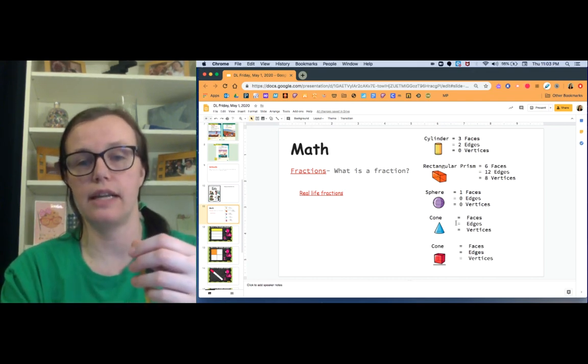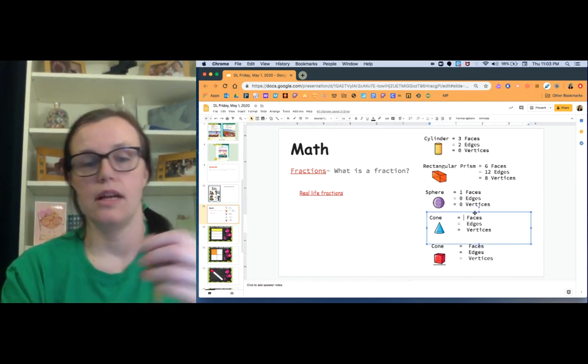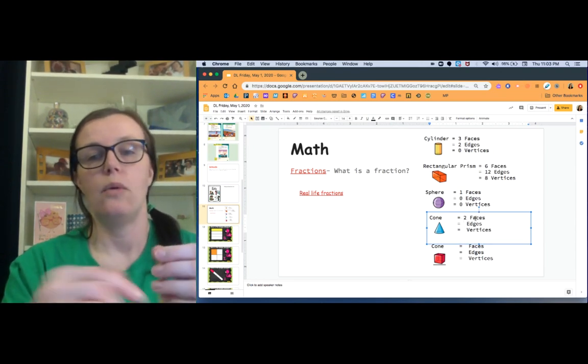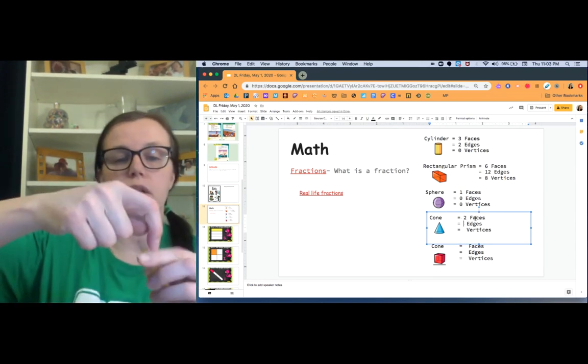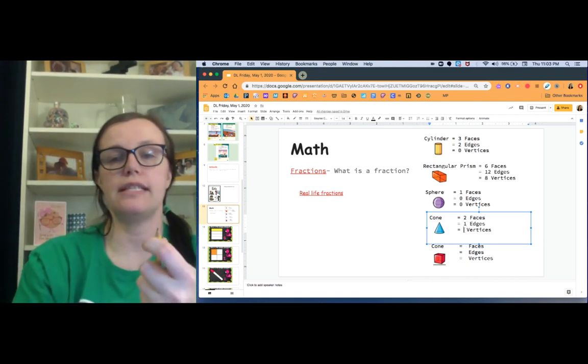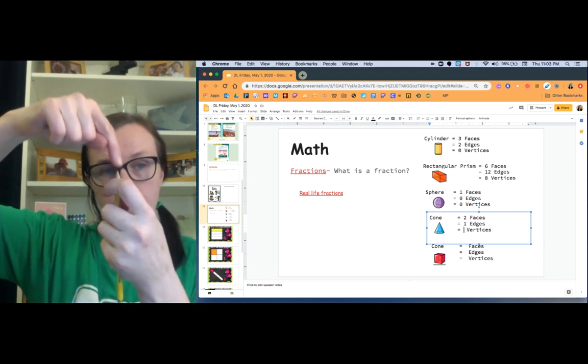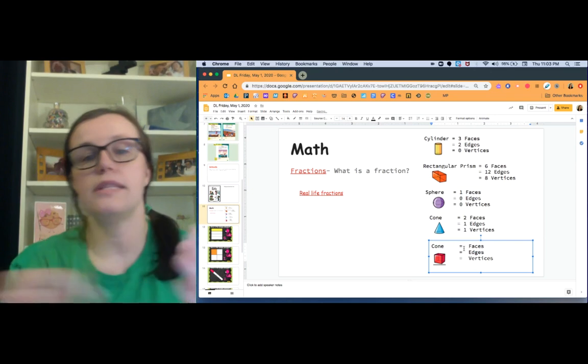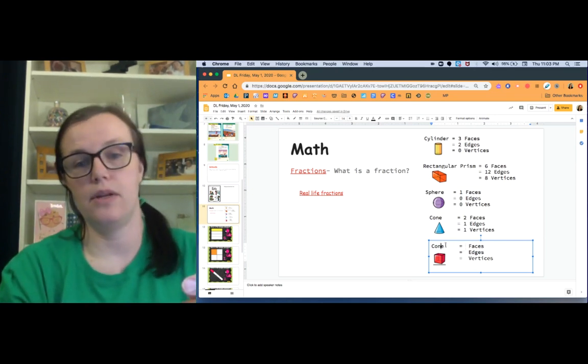So I actually forgot, I didn't write these in here. So we have 2 faces, one curved and one flat. We have one edge that goes around the bottom of the cone. And then how many vertices, guys? How many points are on that cone? It's 1.